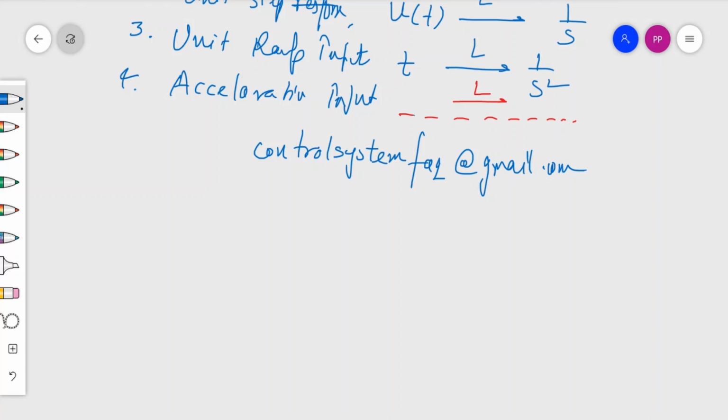This is my email ID where you can send the answer, or you can send it by WhatsApp to my mobile number.